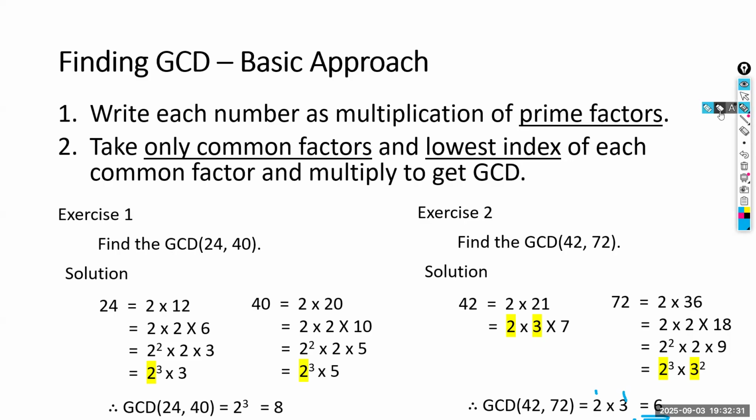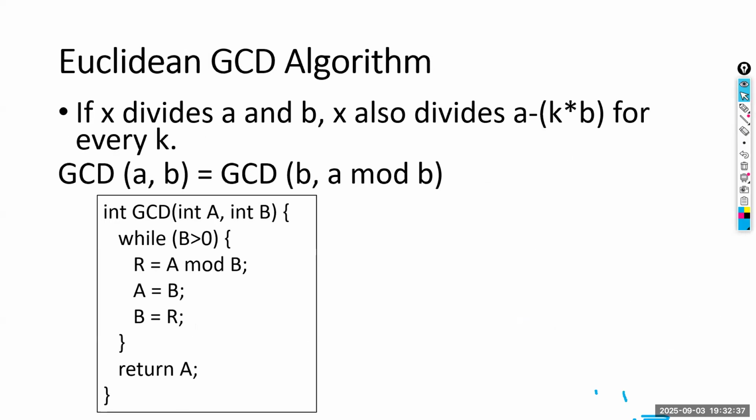Your expectation is how to use the Euclidean GCD algorithm. This is a different approach, but it gives you the GCD much faster for very big numbers.